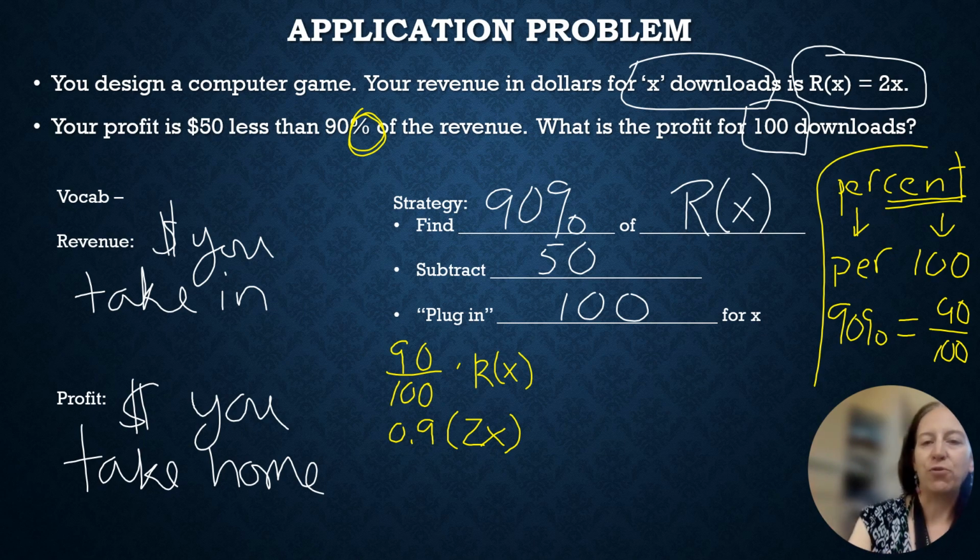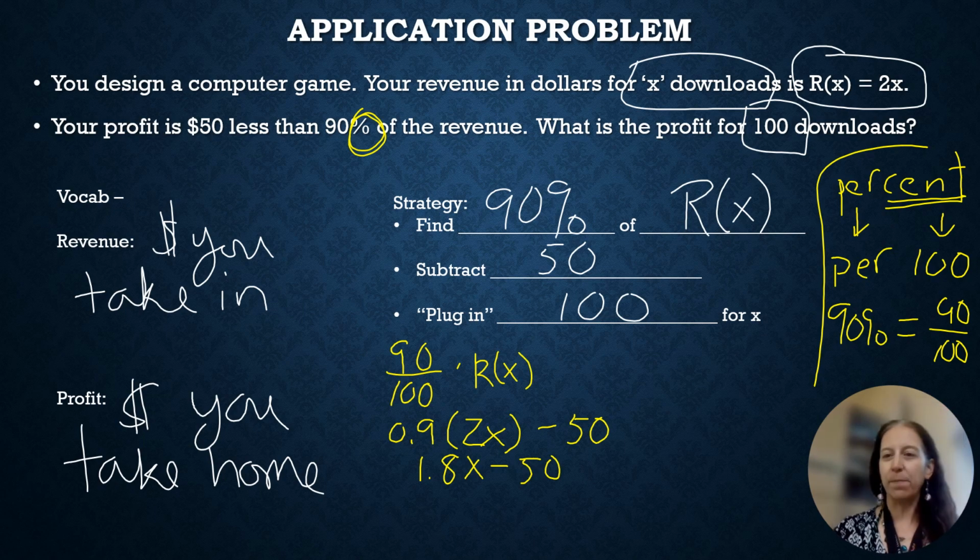Now we will subtract 50. You can plug in the 100 right now, and that would work. Or you can simplify that first part and do 0.9 times 2, which would give you 1.8x minus 50. There is some flexibility with what you want to do.